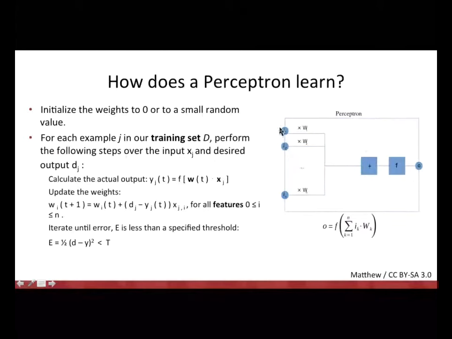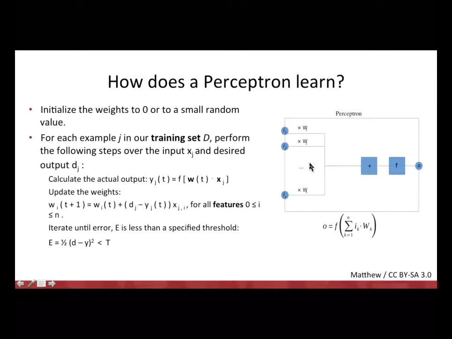Okay, but for a given input, I know the output. I have a training set of data where I know the right answers. So I can train this by presenting inputs, looking at the outputs, and as this points out here, comparing the two, taking the difference between the desired output and the one I got, scaling that by the size of the input, and adding that to the weight at time 1 to give me the weight at time 2.